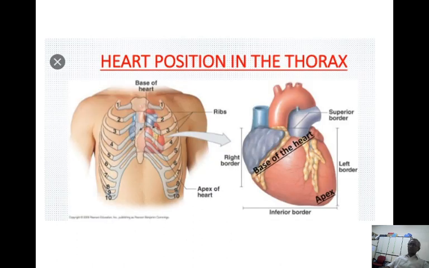So here we are showing the heart in situ. The anterior part of the right ventricle is related to the lower two pieces of the sternum and the intercostal space between them. The rest of the area is covered by the pleura and the lung.